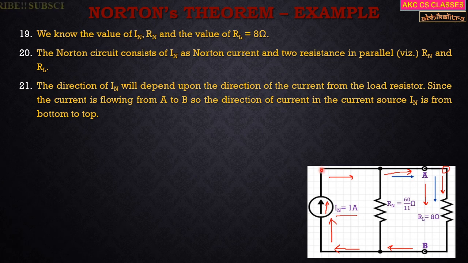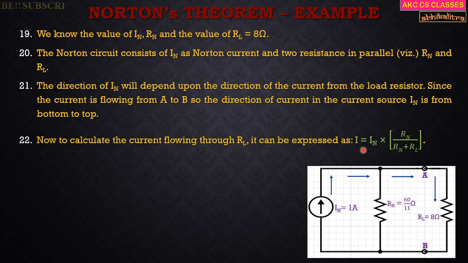In order to move the current in this direction, I have to move from this junction to this junction, and that is why the current is in this direction. If the current direction is from B to A, then the current direction in the current source would be in the opposite direction, right?